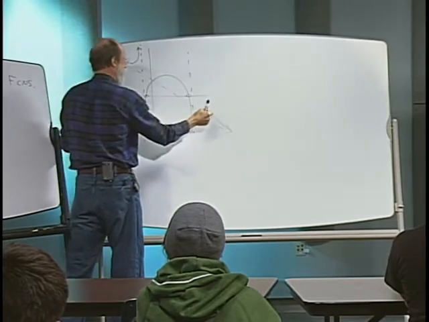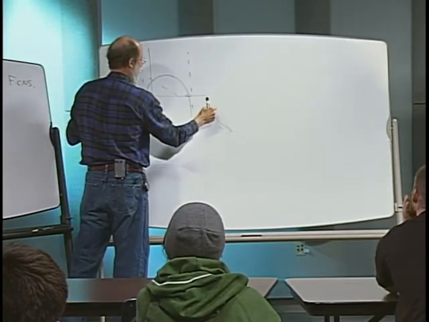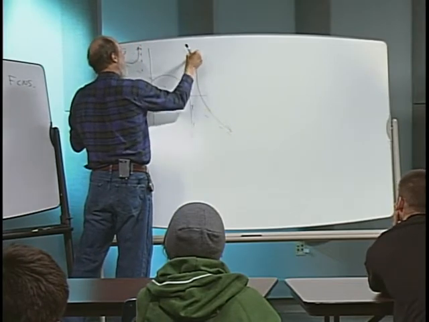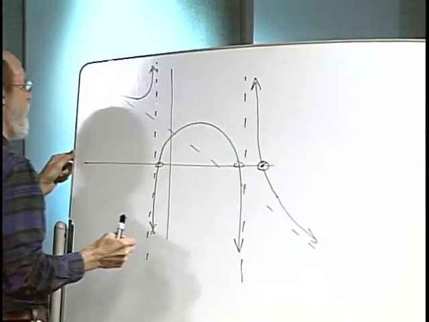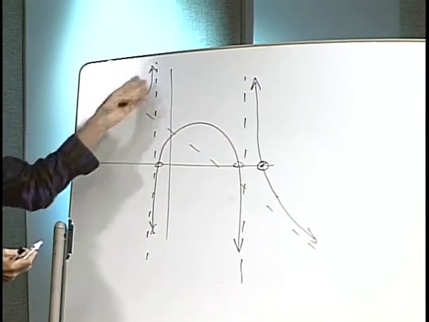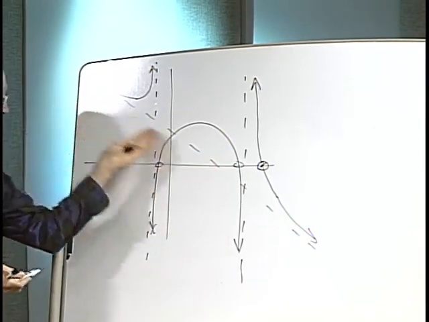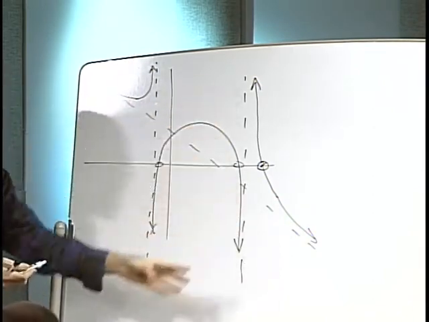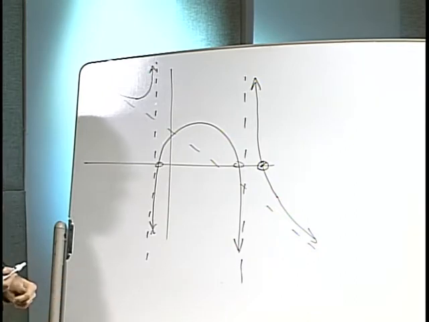Let me just keep it simple. Has another zero over there. So it may look like that kind of a shape. Again, an oblique asymptote combined with some vertical asymptotes is certainly possible. Does that help? Any other questions?